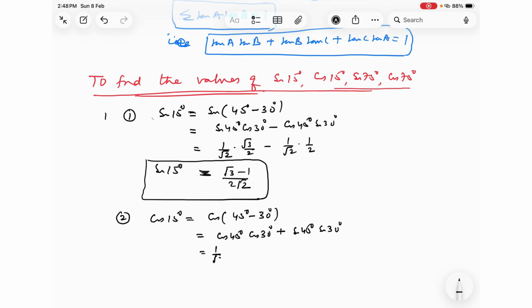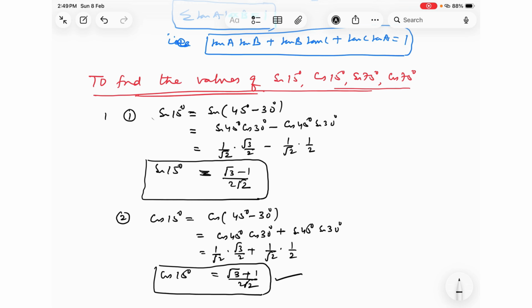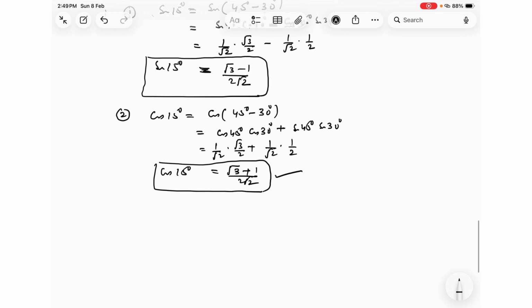This is 1 by root 2 into root 3 by 2 plus 1 by root 2 into 1 by 2. Therefore, value of cos 15 is how much? Root 3 plus 1 by 2 root 2. So cos 15 degrees value, we have to remember as root 3 plus 1 by 2 root 2. Very simple proof.